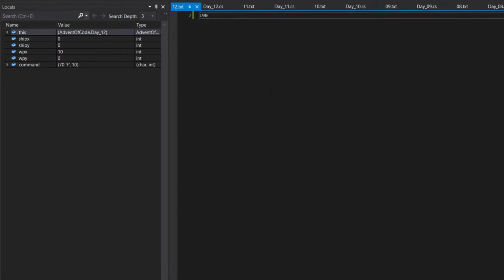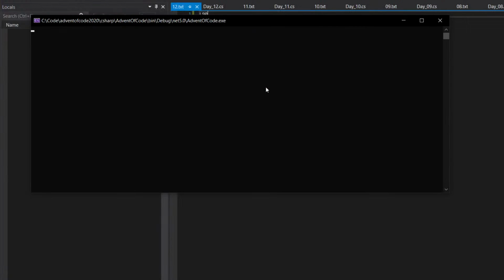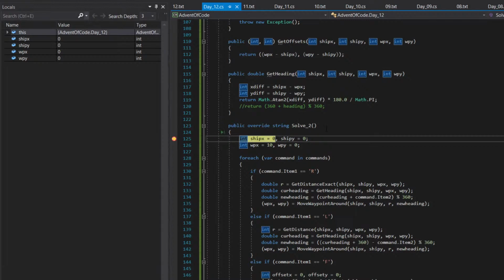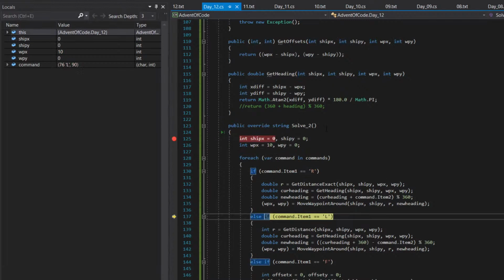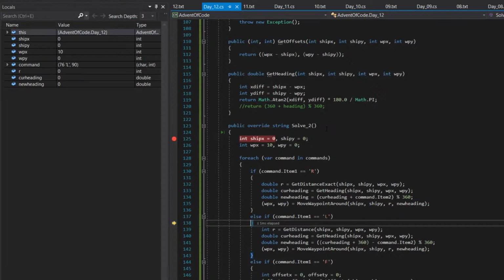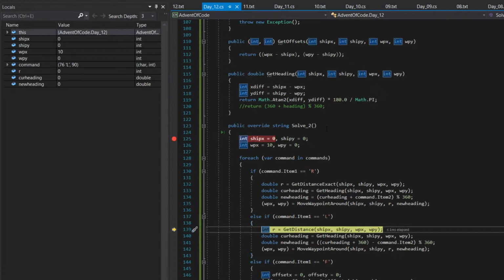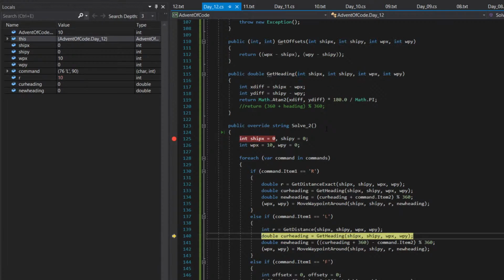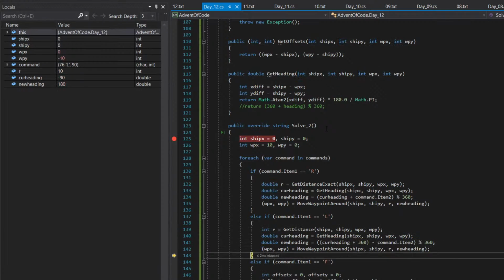Oh. Let's see, we're currently 10 units east. If we rotate 90 degrees to the left, we should be 10 units north. Correct. Okay.